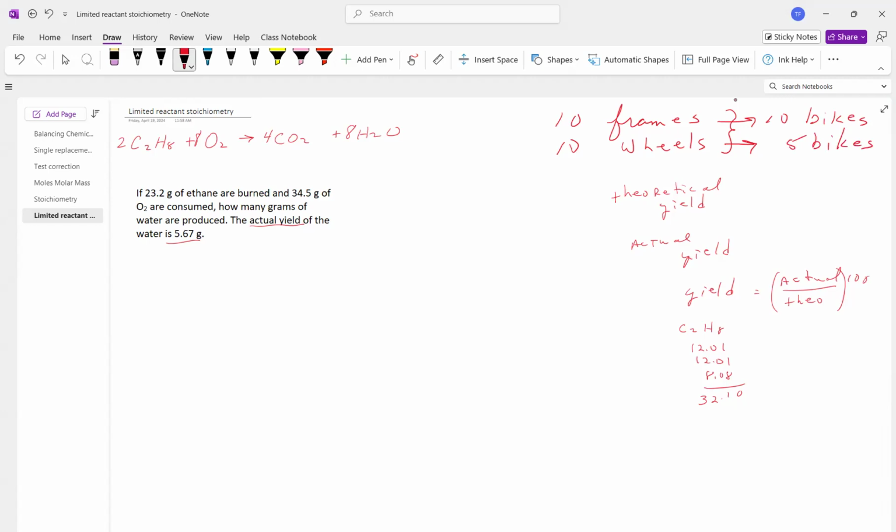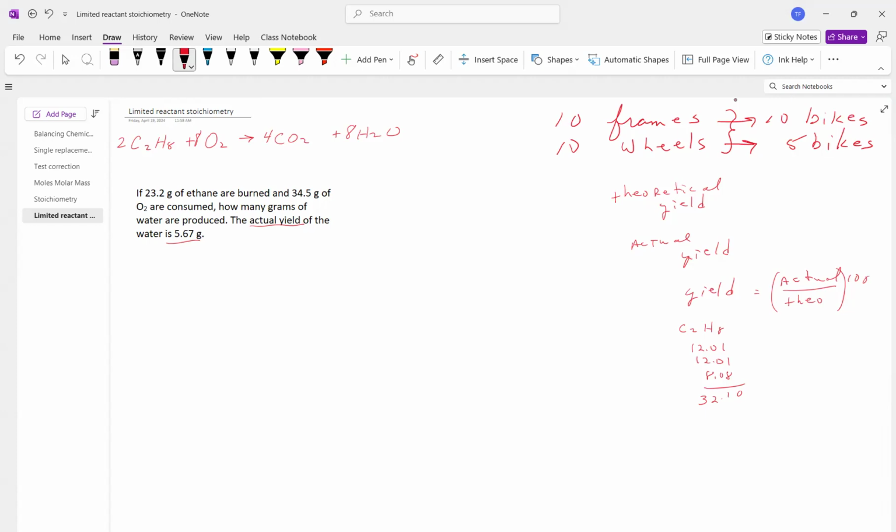Okay, so in your head, it was Cindy that said 5, right? In your head, you did this calculation. First, we started with frames and determined how many bicycles are made. Then we started with wheels and determined how many bicycles we make with the wheels. The one that makes the least amount of bicycles is the limiting reactant.